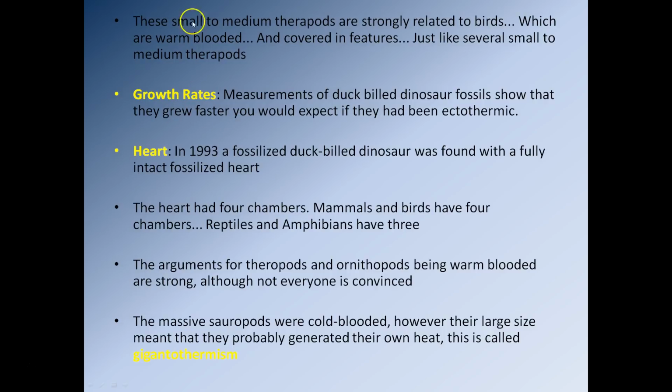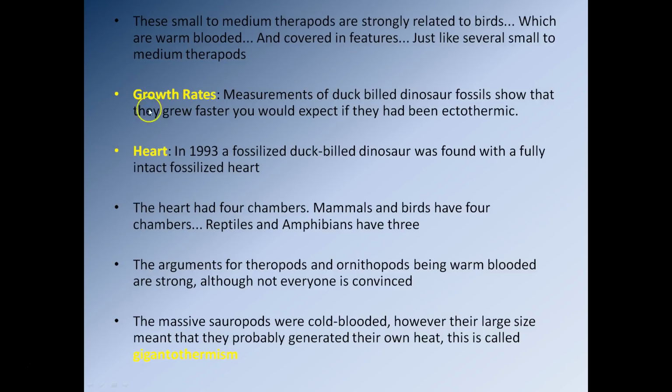Another thing is that these small to medium theropod dinosaurs are strongly related to birds. They are the group of dinosaurs from which birds evolved. And birds are, of course, warm-blooded, also covered in feathers. So because birds are warm-blooded, that's a reasonable hint that maybe these small to medium theropod dinosaurs could have been warm-blooded.